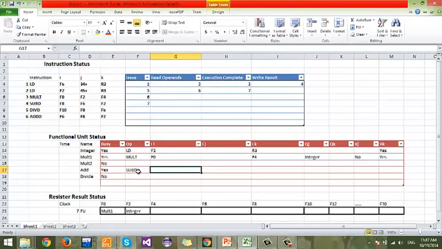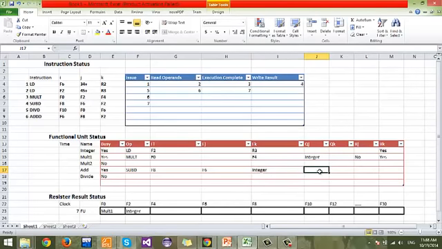What's fi? What's the destination? f8. What's fj? fj is f6. Is f6 free? Okay, this is blank, so f6 can be read. What about fk? fk is f2. Look at f2. No, it's not blank, there is integer, so we have to write here integer.